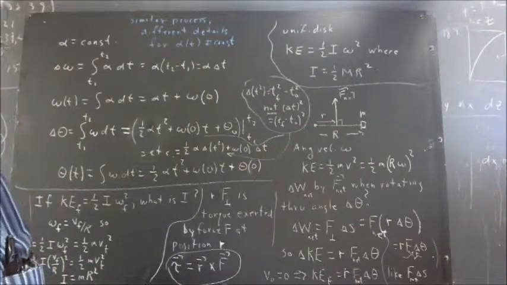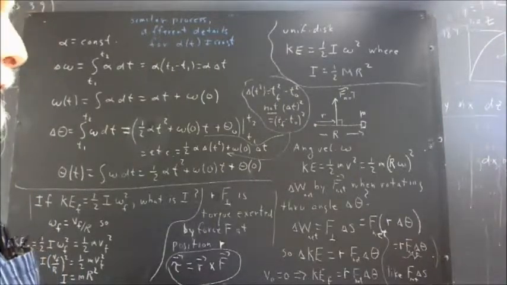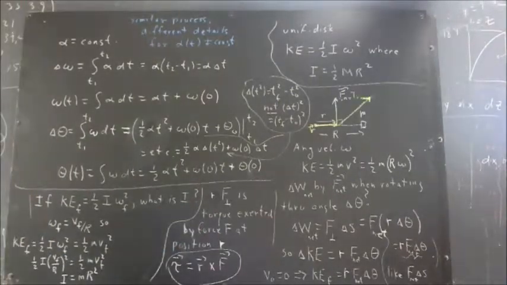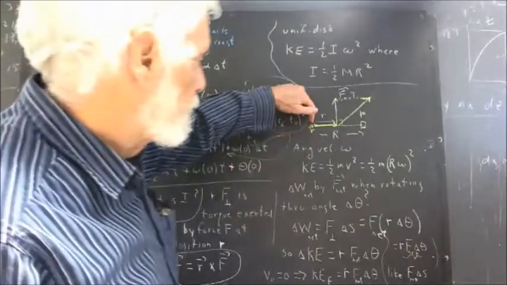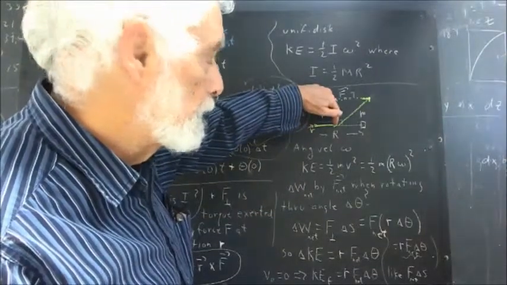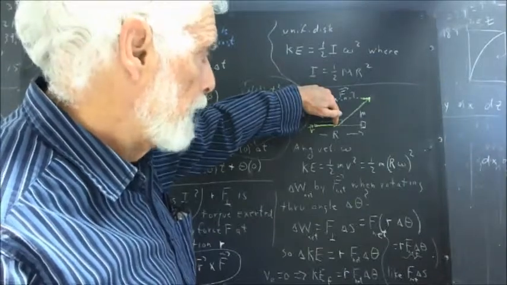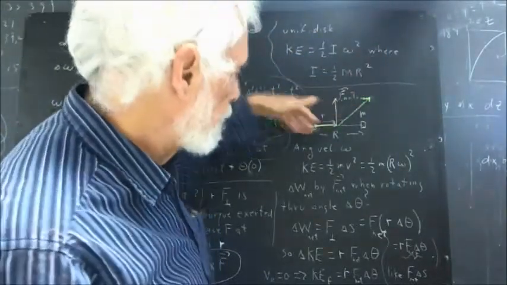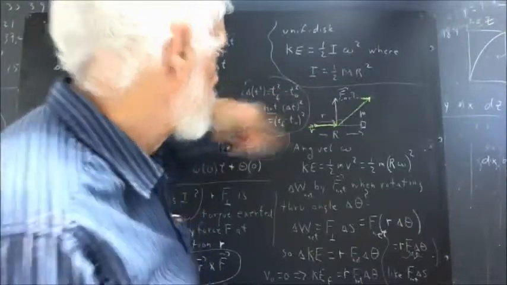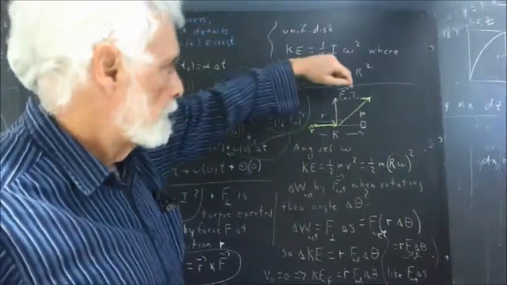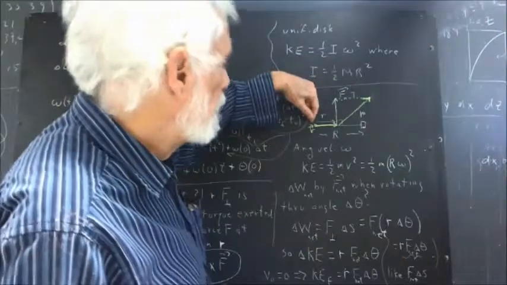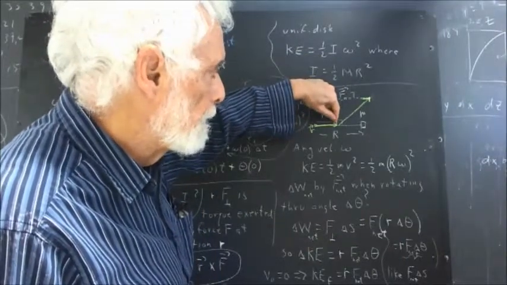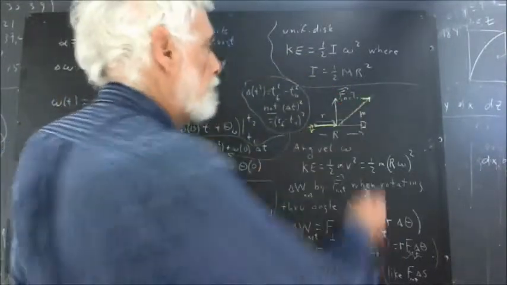Now, the R vector and the F vector in this case, well, I'm going to write those in. The R vector extends from the axis of rotation to the point at which the force is applied, and we can kind of extend that to the point where the line of the force intersects the R vector, but we'll look at that a little bit later on. Okay, so there's the R vector, and here is a general force vector.